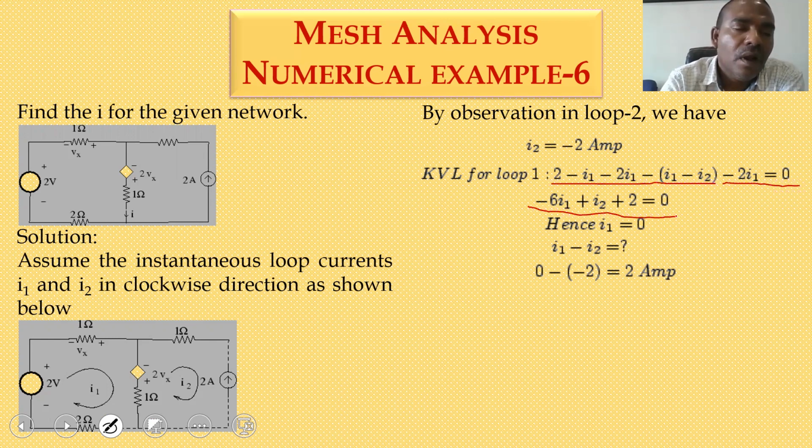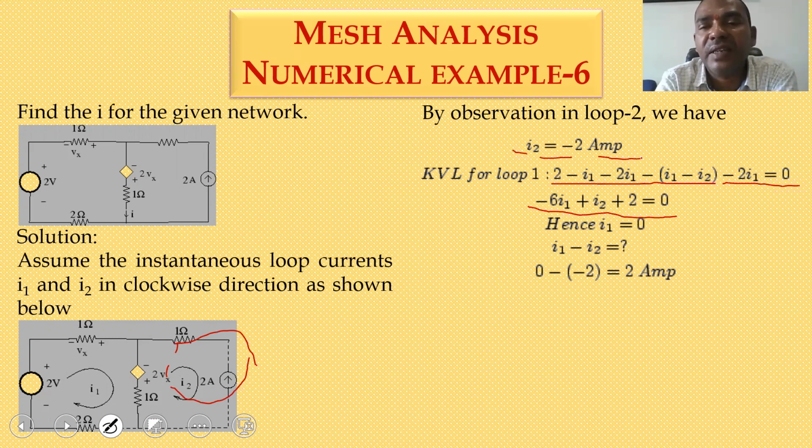Now from the observation here, I2 is in the opposite direction of the 2 ampere current. That means the direction changes, the sign will change, the magnitude never changes. So I2 is equal to minus 2 amperes only.